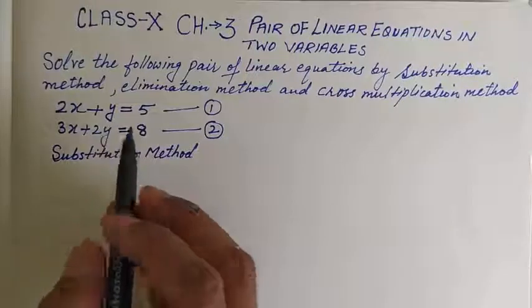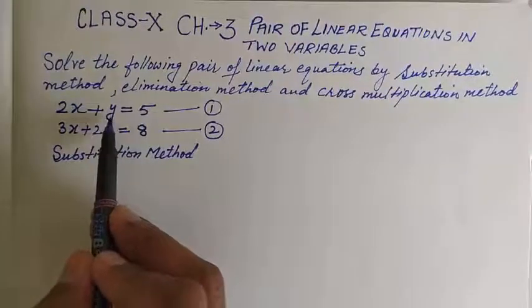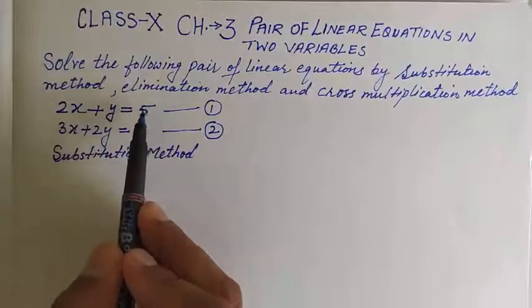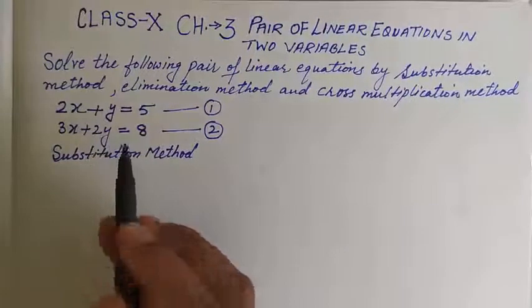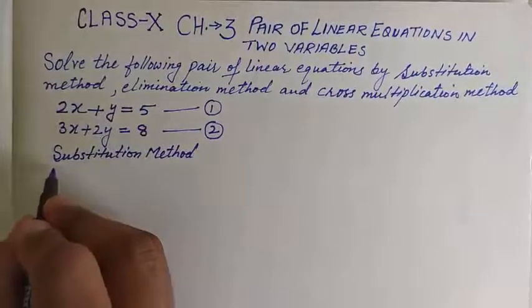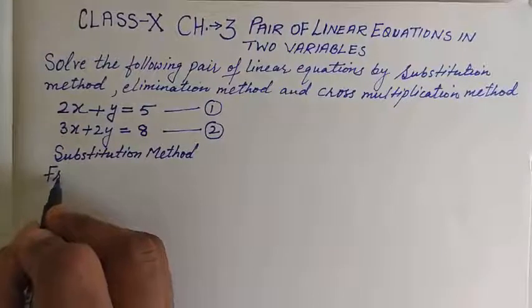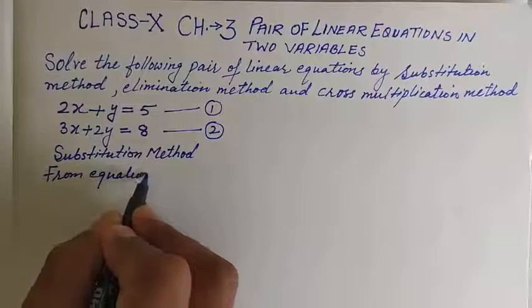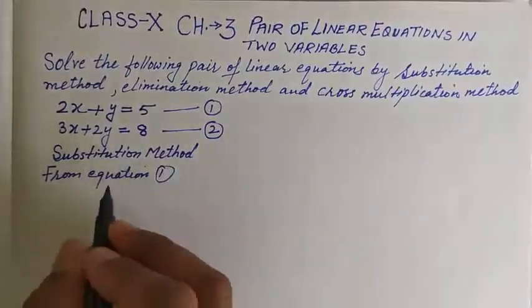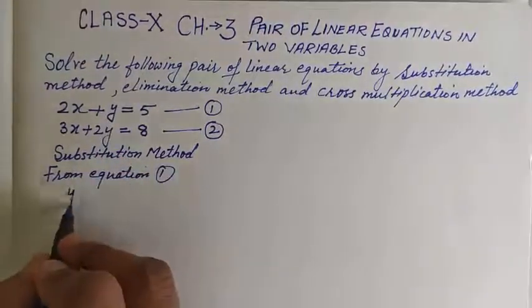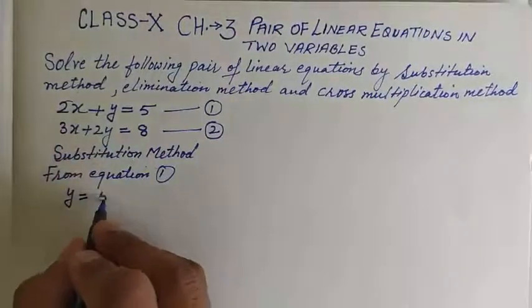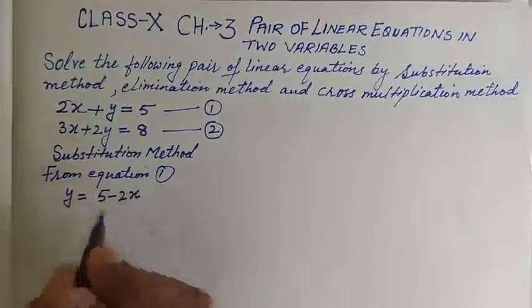So first of all, what I do, from equation 1, I'll take out the value of y in terms of x, and that value we will fill in equation number 2. So let's see. So we'll write here, from equation 1, here y is equal to, this 2x will go in the right hand side, it becomes 5 minus 2x.